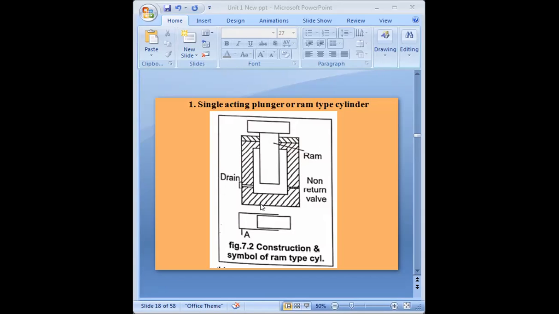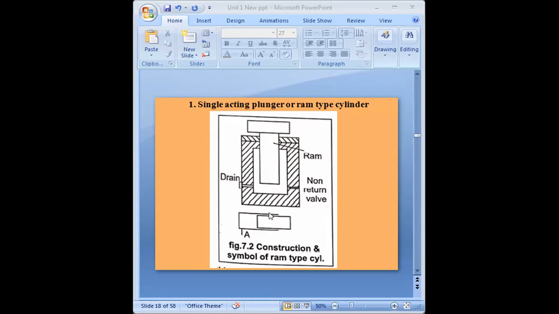From one side only you are applying force to the surface of the plunger, and due to that force caused by your pressurized fluid, your ram will lift in the upward direction. And due to the dead weight of the ram, it will come in the downward direction. Getting it?